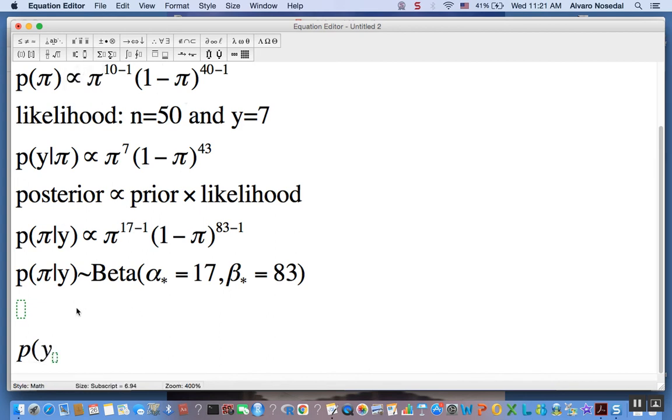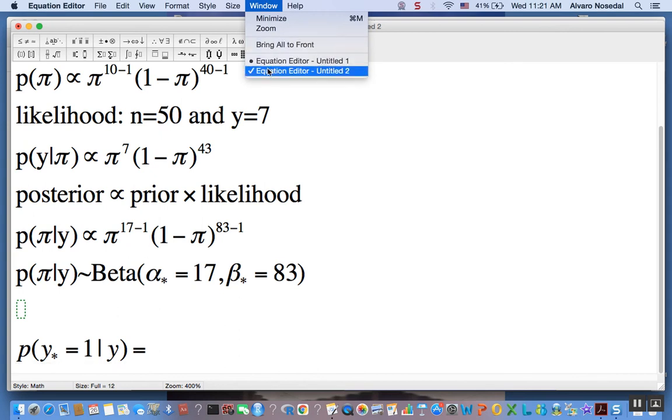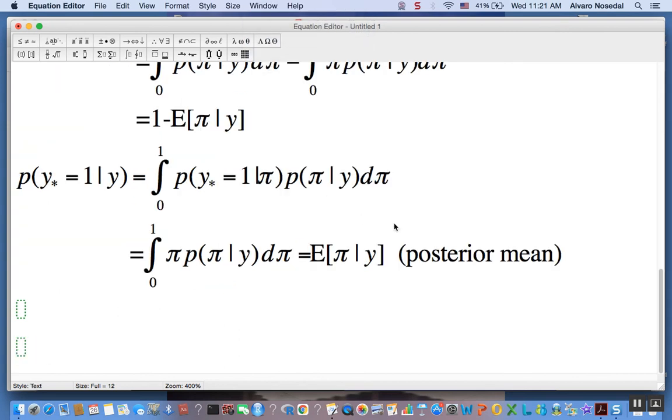What's the probability that y star equals 1, given that we already have observed y, which represents the information coming from that sample of size 50? What we know now is that this guy happens to be the same as the posterior mean.